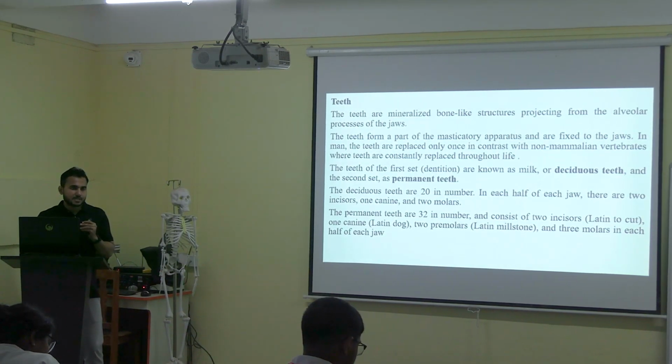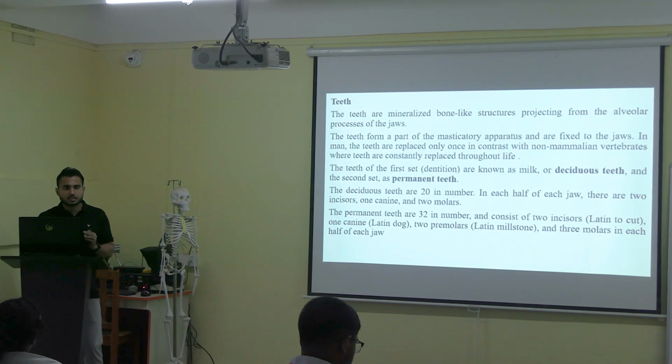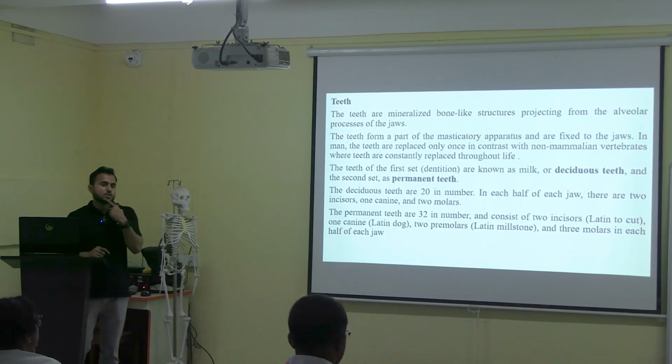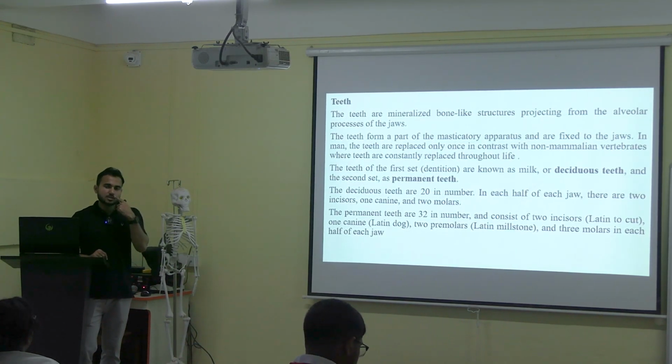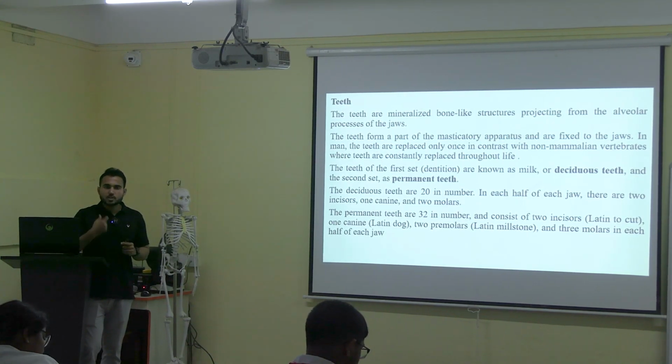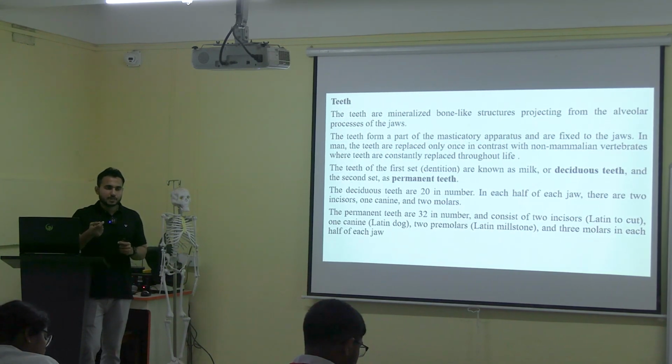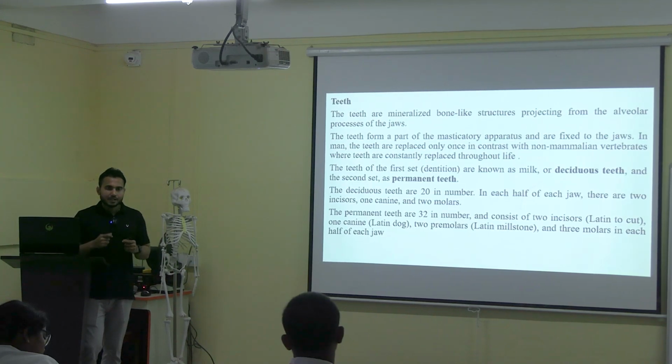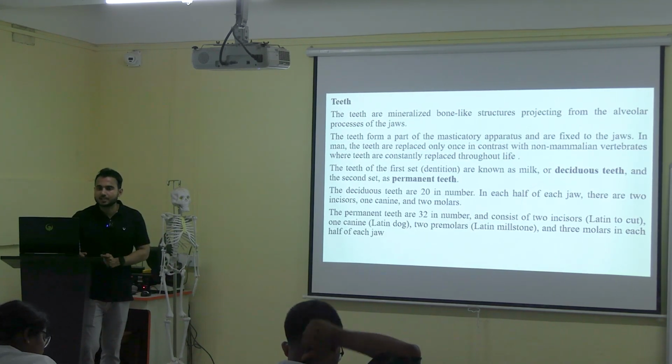Now where they are present: in both the jaws, upper jaw and lower jaw. Lower jaw is made up of mandible, upper jaw is made up of maxilla. Next, both in the maxilla and in the mandible, alveolar processes are there.